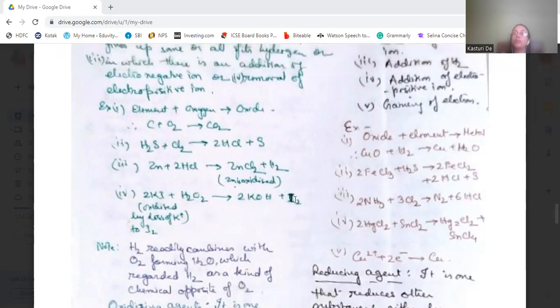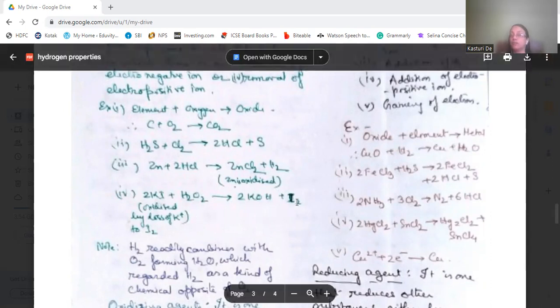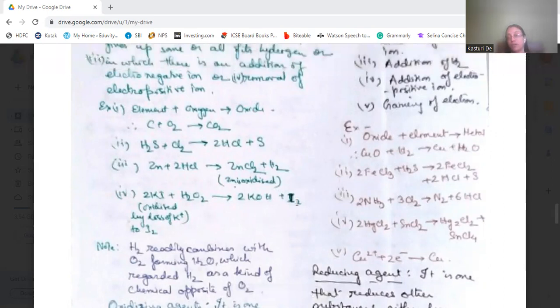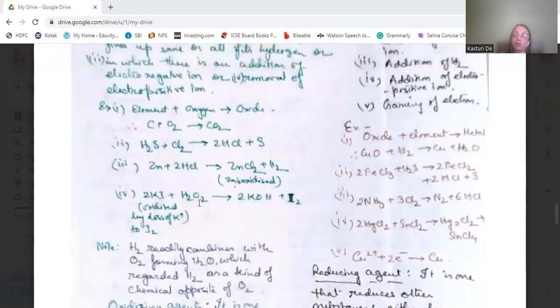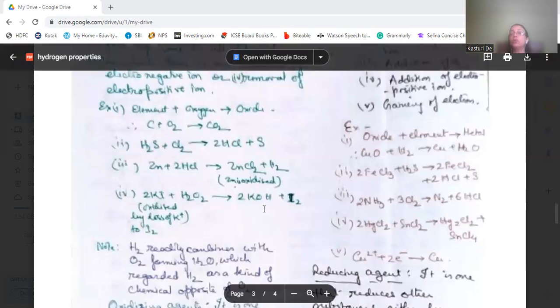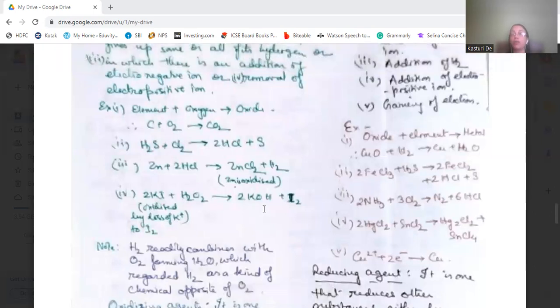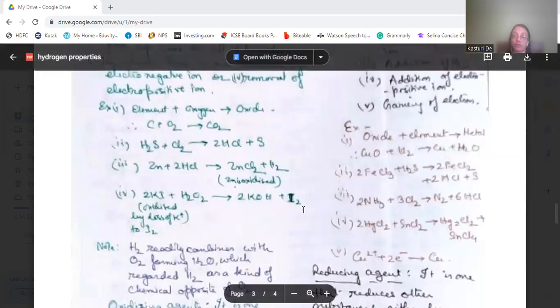So iodine is being oxidized. Okay. So there is a loss of potassium ion, an electropositive ion, to make iodine. Potassium iodide combines with hydrogen peroxide, H2O2, and 2KOH is formed, potassium hydroxide, and iodine I2 is formed by oxidation.